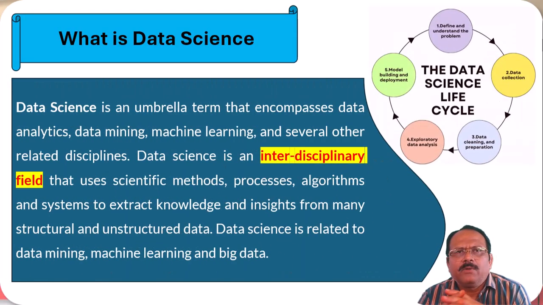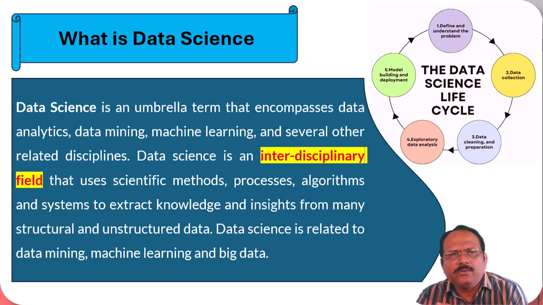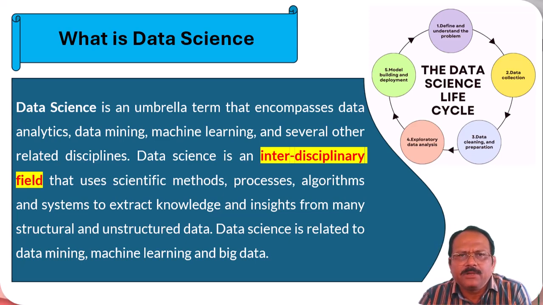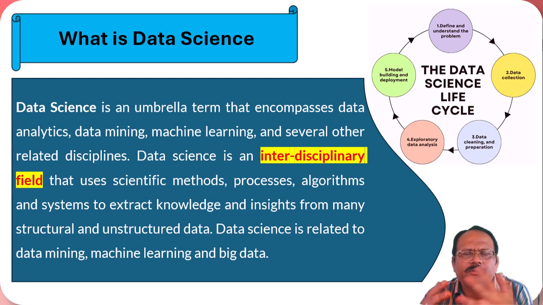Now, what is data science? Data science is an umbrella term that encompasses data analytics, data mining, machine learning, and several other related disciplines. So data science is an interdisciplinary field that uses scientific methods, processes, algorithms, and systems to extract knowledge and insights from structured or unstructured data. Data science is related to data mining, machine learning, and big data.